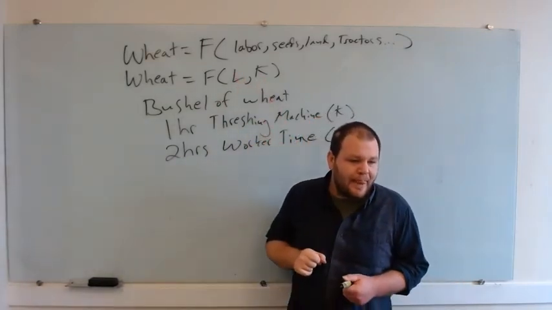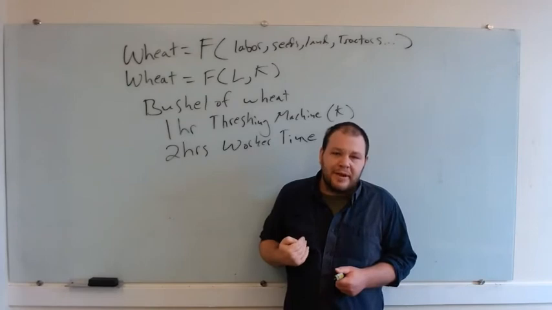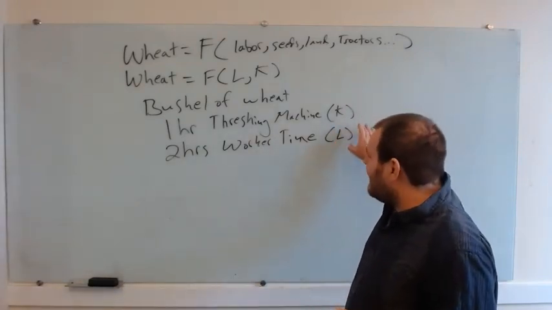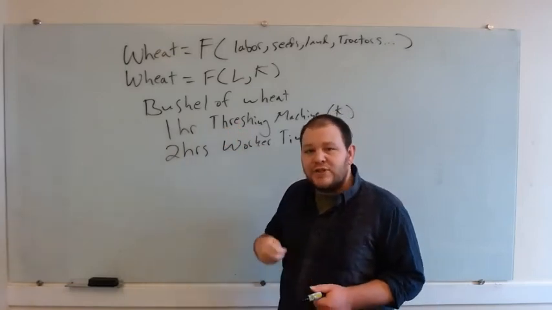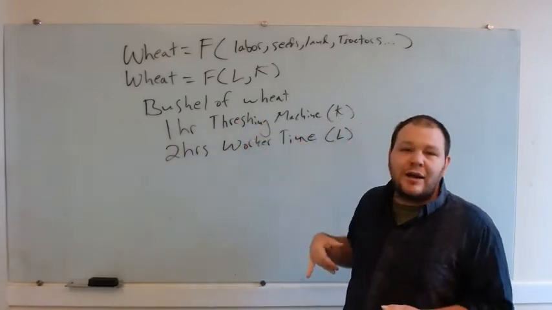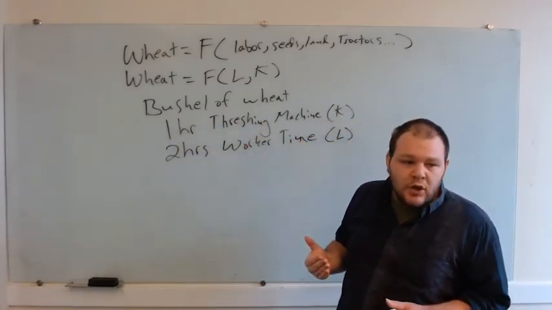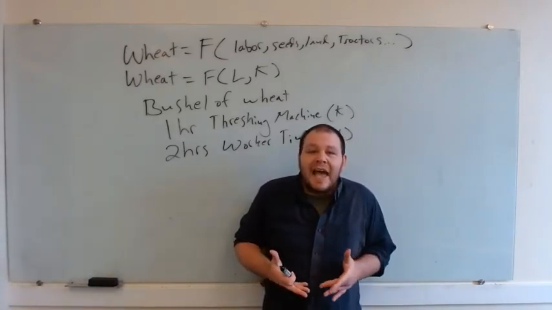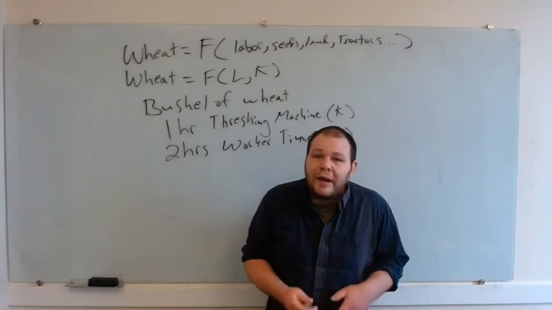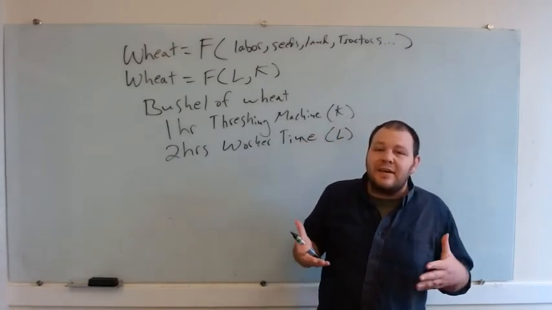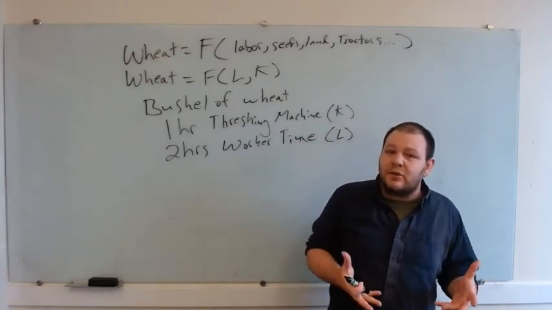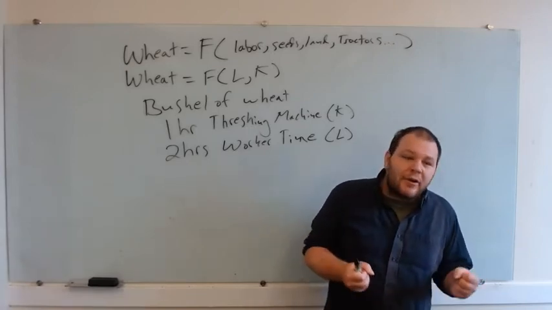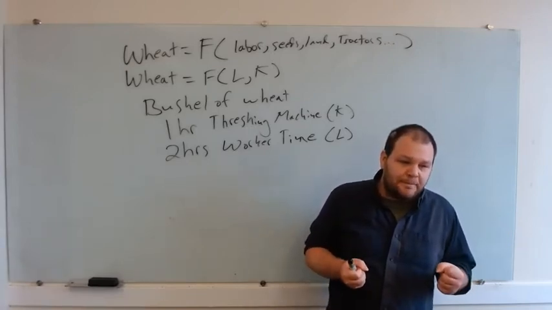Okay, so let's think about this for a minute. We need to have a fixed ratio of labor and capital. We can't do the threshing machine's job with workers, and we can't do the workers' job with more threshing machines. So we can think about labor and capital in this context as being perfect complements, for effectively the same reason that we can think about goods like bicycle chains and bicycle gears as being perfect complements, because they're only useful together and they're only useful in a fixed ratio.